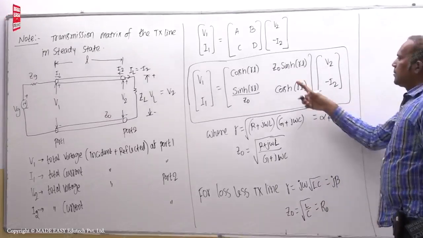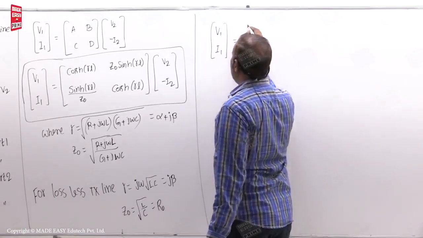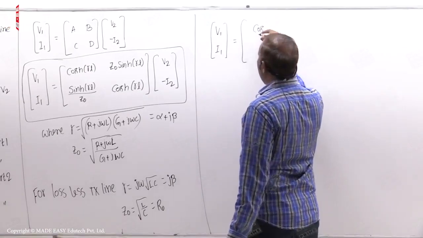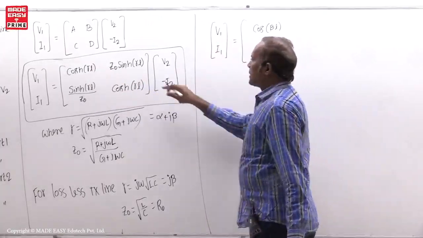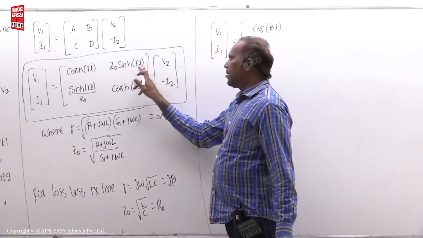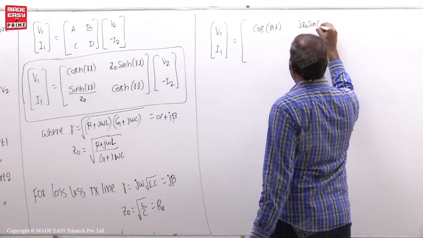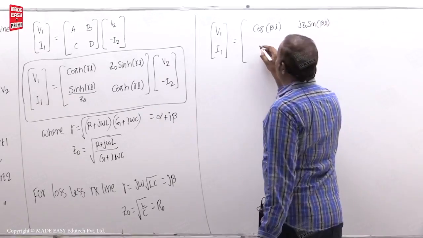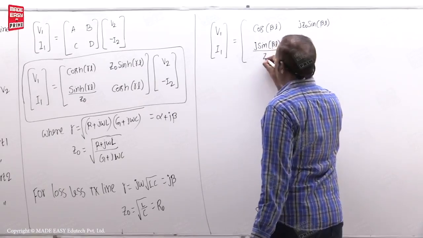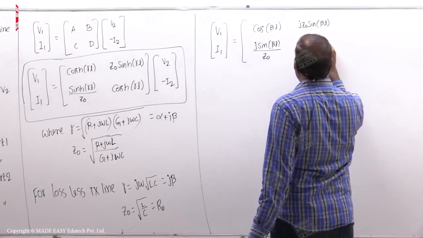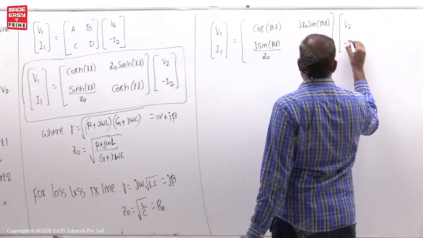In that case V1, I1 is equal to cos beta L, because cosh j beta L becomes cos beta L, and sinh j beta L becomes j sin beta L. So you get j Z0 sin beta L, and j sin beta L divided by Z0, and cos beta L, times V2, minus I2.